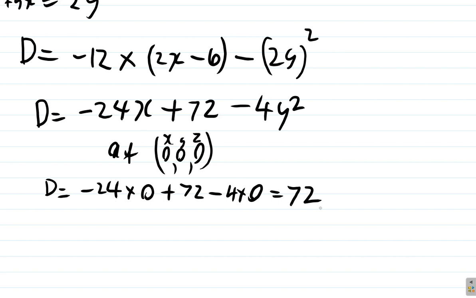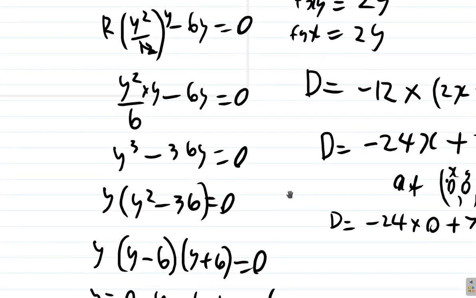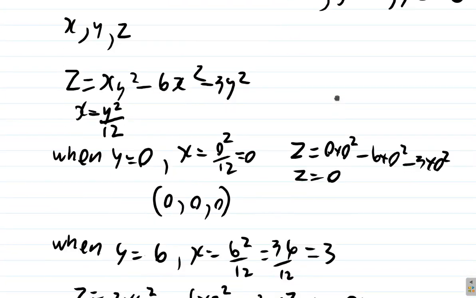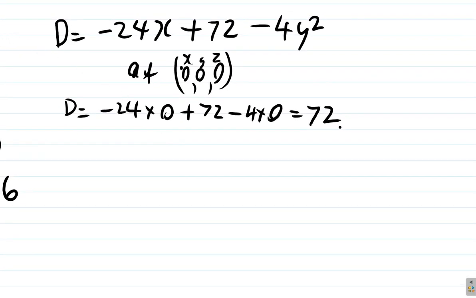Now, what happened at the other point? Let's see, other point again. 3, 6, negative 54. And it was repeated at 3, 6, negative 54. Right? I want to substitute the values and see what we get.